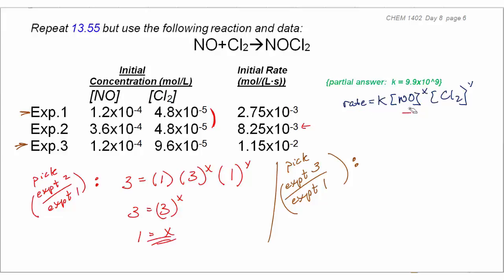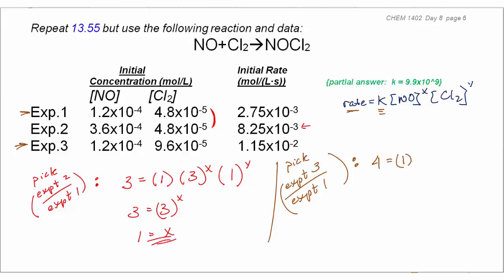So let's start again. Divide the two rates. I have 1.15 times 10 to the negative 2 divided by 2.75 times 10 to the negative 3. You get about 4.18. It's pretty much 4. You can write 4.18 or just write 4, either way it'll work. My rate constant, K, divide the two Ks, I get 1.